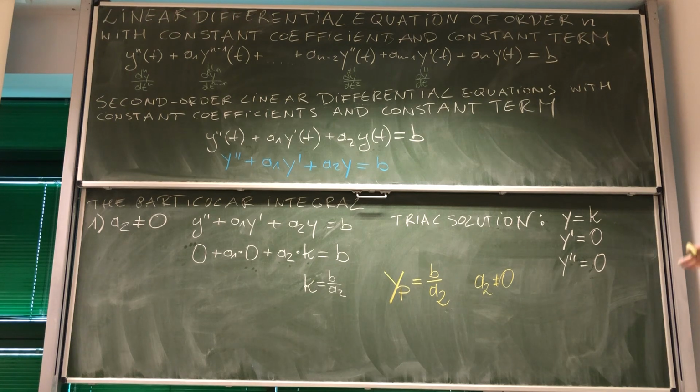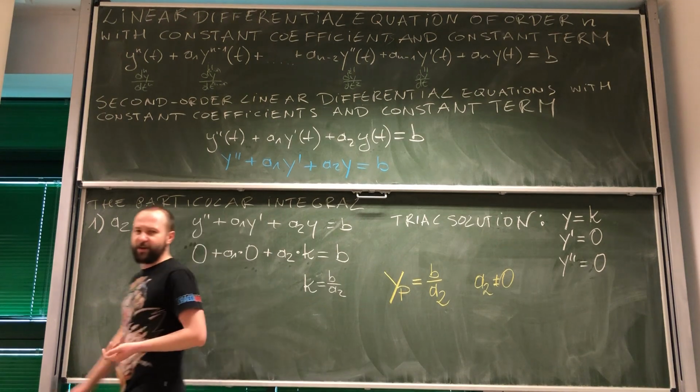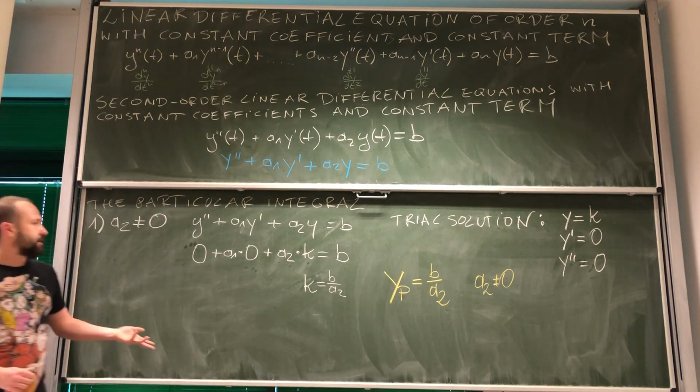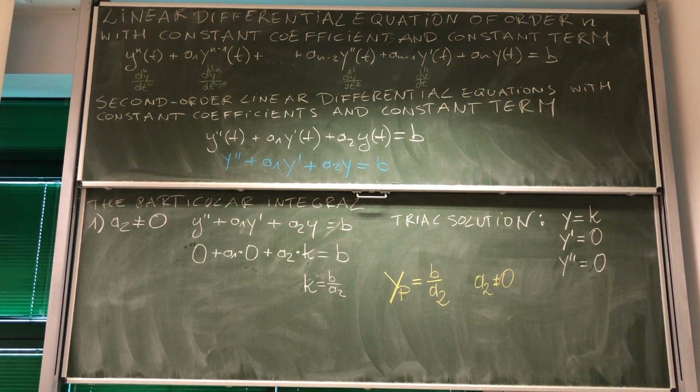And I hope you can see the resemblance between this solution that we've got over here and the one that we got for a first order differential equation that we tried previously. There is basically one-to-one correspondence.